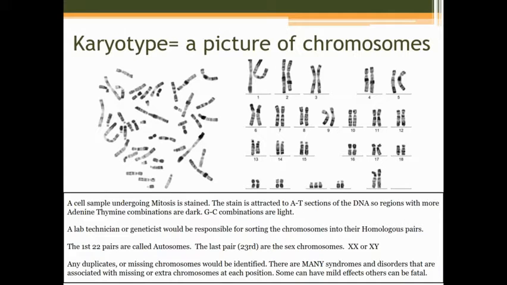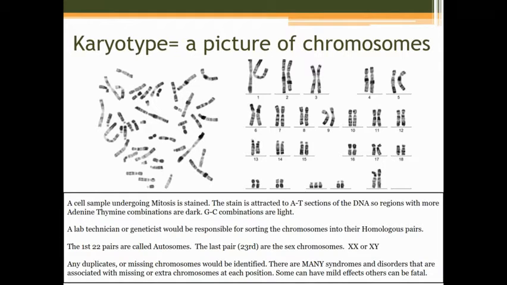If for any reason those individual copies don't pull apart and they stay stuck together, you end up with extra DNA on one side and missing DNA on the other. And the result is cells that have one or more extra copies of a chromosome.